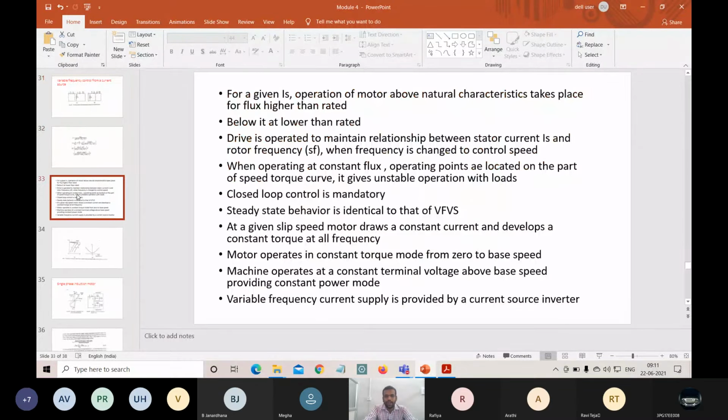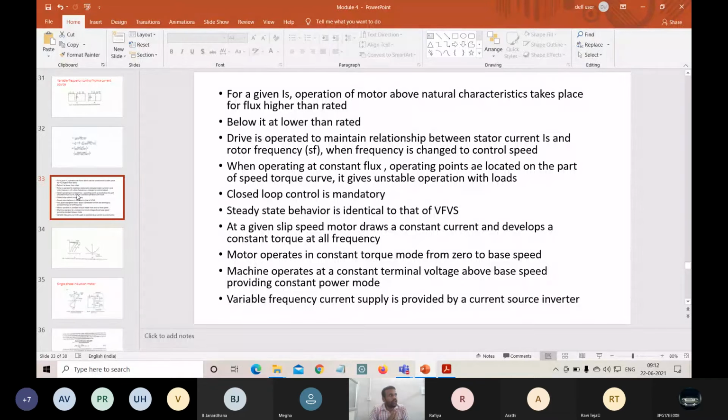Okay. So for a given IS, the operation of a motor above the natural characteristics takes place for flux higher than the rated. Normally, if you are going to build a circuit, if you are going to generate a current, there should be a flux balance in the circuit.